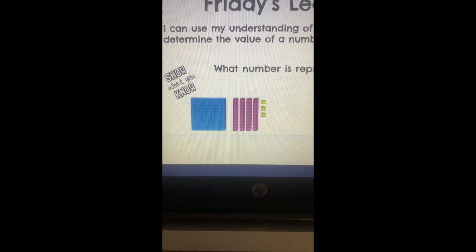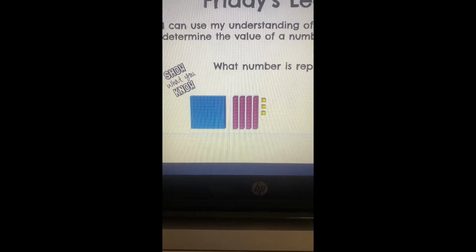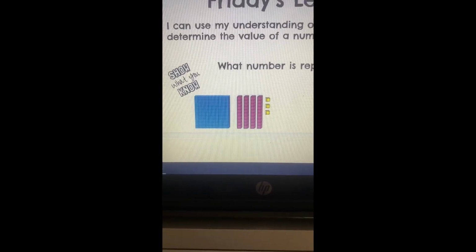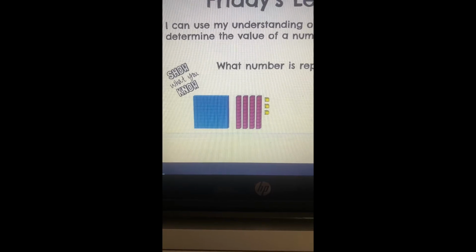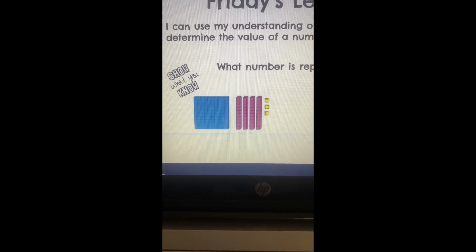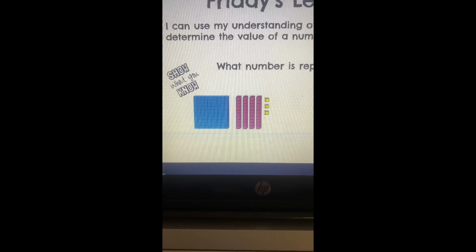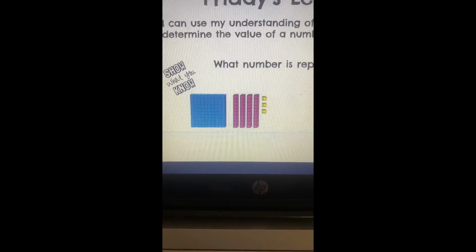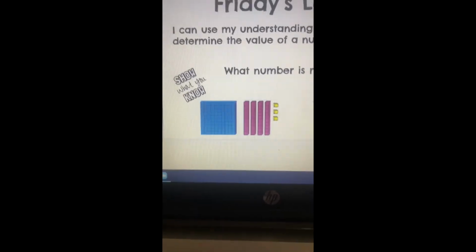They help us think about our place value. So what number do these blocks represent? I'm going to give you about 30 seconds to draw it, and then 30 seconds to count up. All right, go ahead and do that. So you have a minute total.